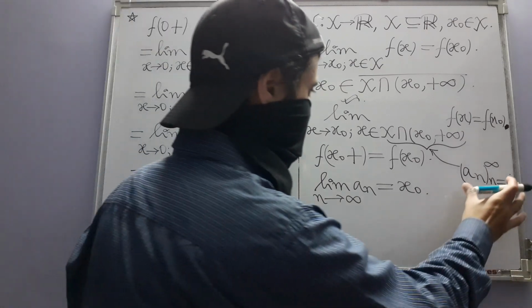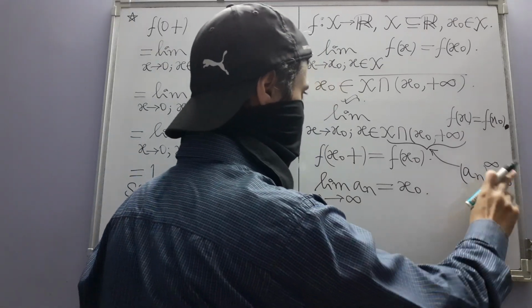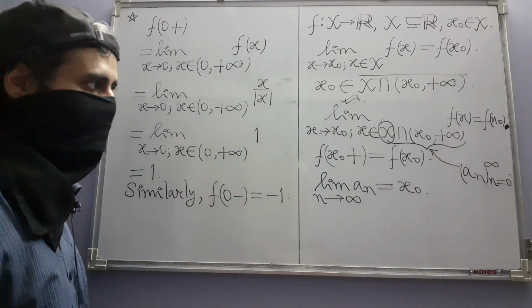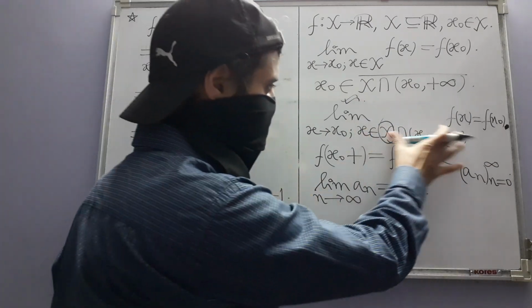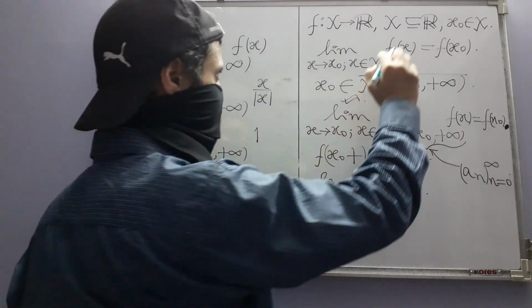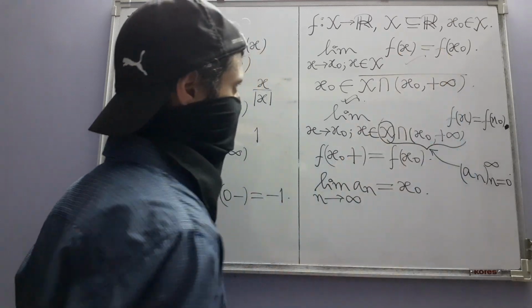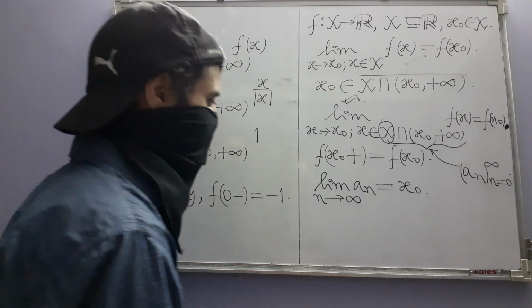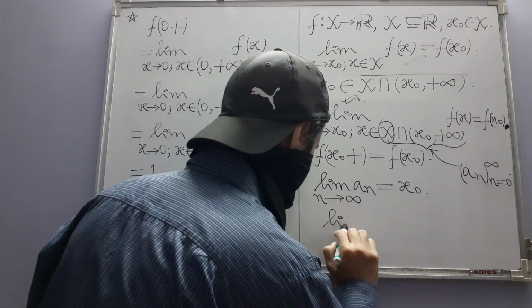Then a_n in particular is also a sequence in X that converges to x naught. Why? Because this intersection is a subset of X. But we already have this limit, so by the sequential formulation of limits, I have immediately this thing.